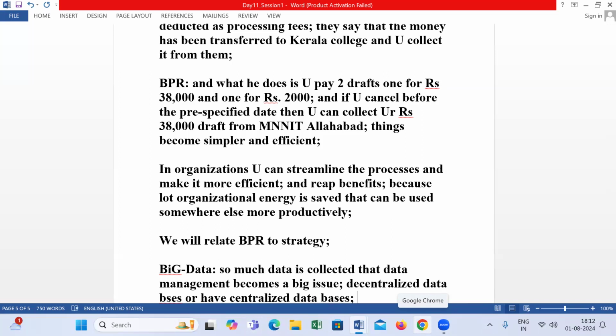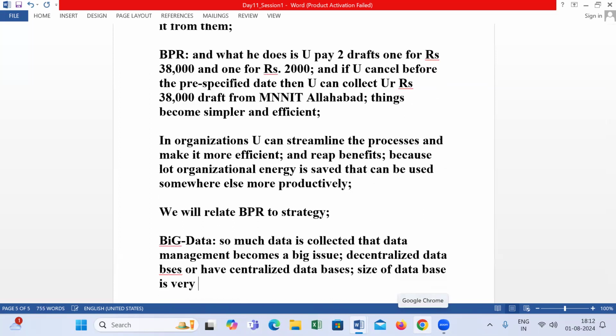And the size of the database is very large. And so if you have to fish out something useful, then you got to do data mining. We will relate all these to strategy.